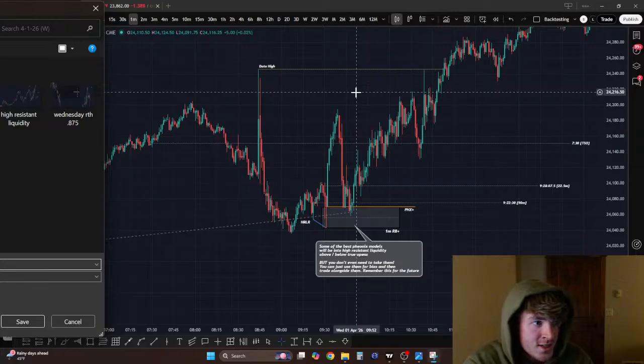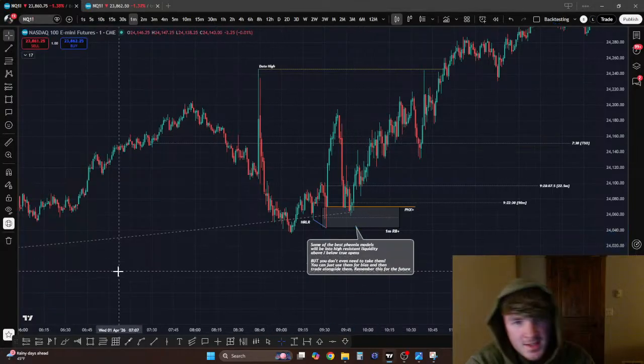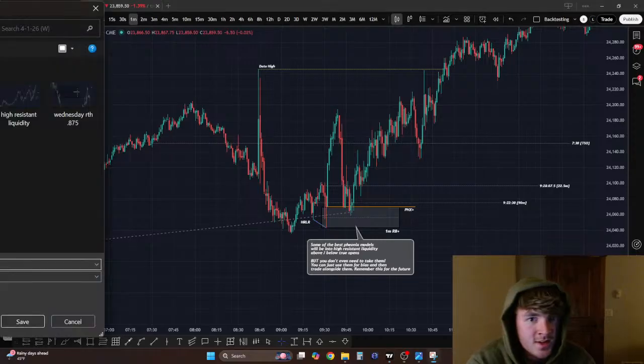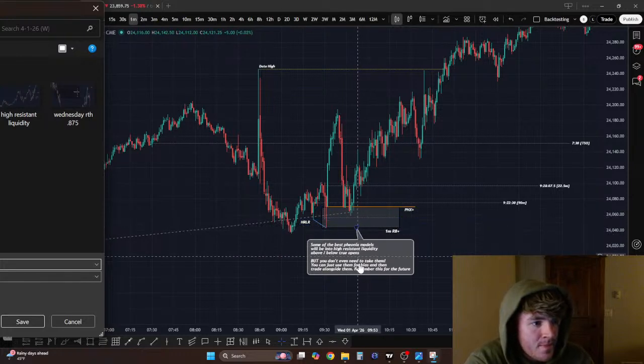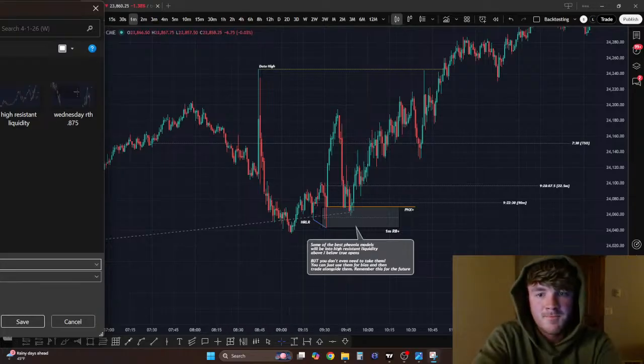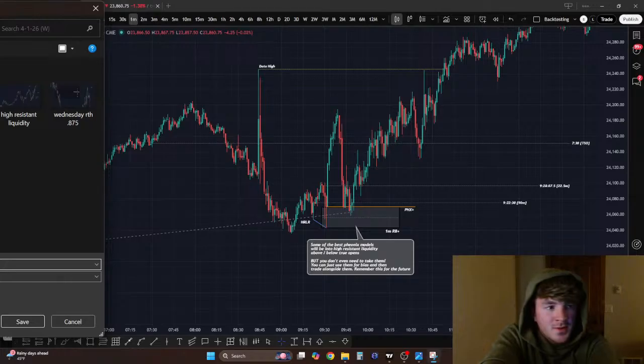Maybe in the future, next time, I'll just take the 2022 model because it makes it easy, but also they're definitely more risky. I'll show you guys what I mean. Phoenix models into high resistant liquidity.